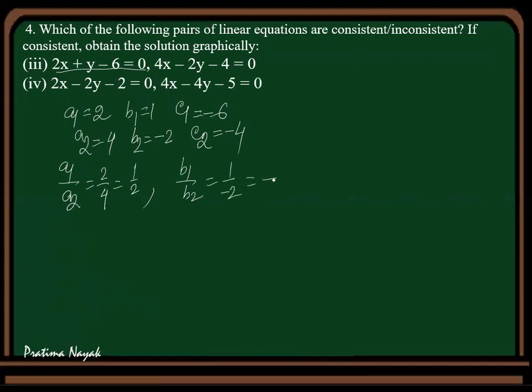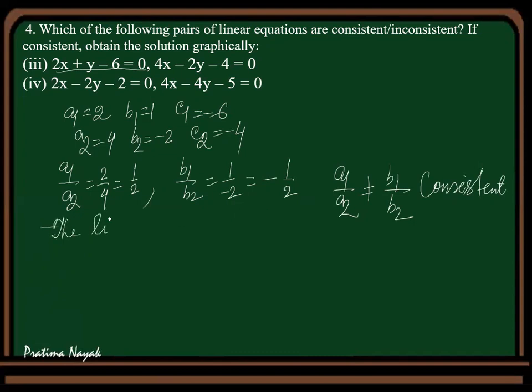It will be minus half. So certainly they are not equal. So A1 by A2 is not equal to B1 by B2. When they are not equal, we say consistent because there is a unique solution. So you have to write the whole statement: this pair of linear equations is consistent.